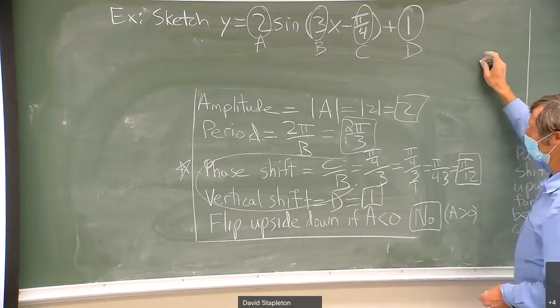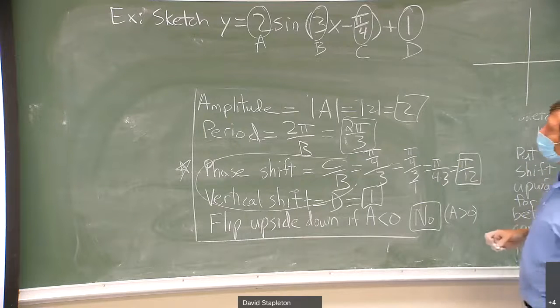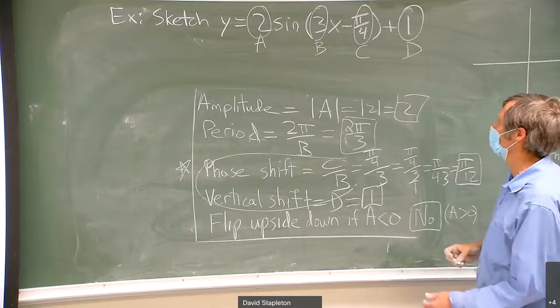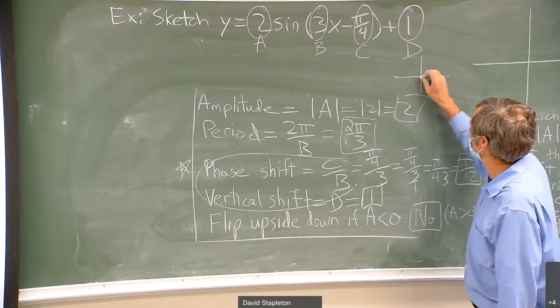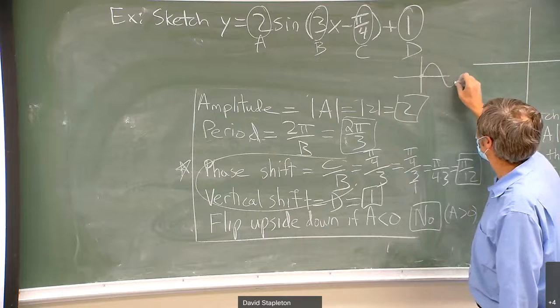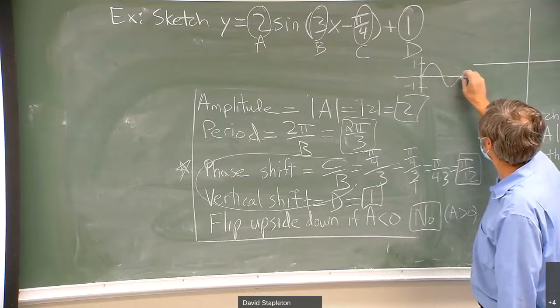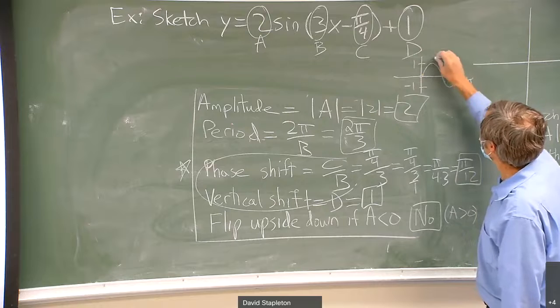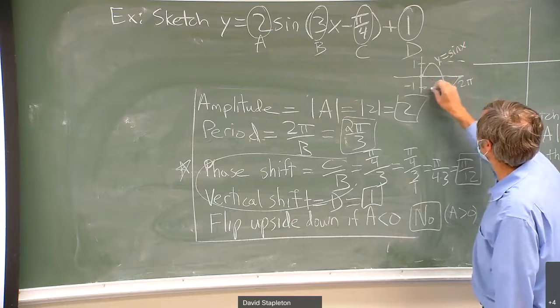Following my prescription here, I first find the shift point where the origin of the original sine graph moves to. Here's the original sine. The original sine goes through the origin, goes between plus and minus 1, completing a period in 2 pi. So that's y equals sine x, and its guidelines are plus and minus 1.